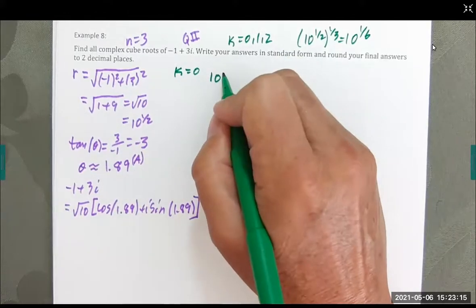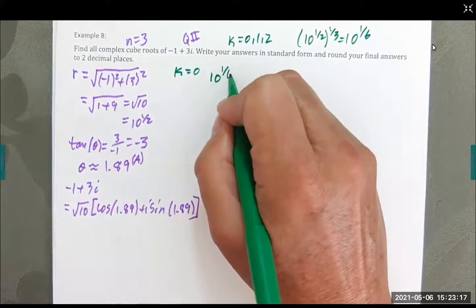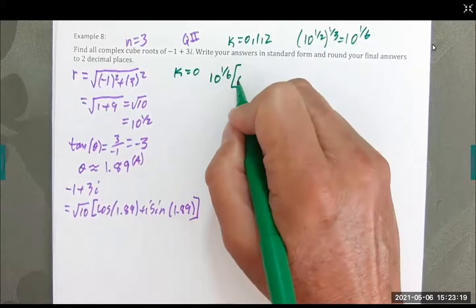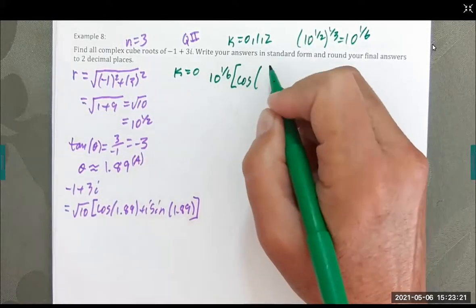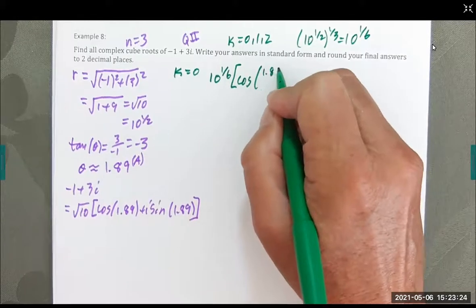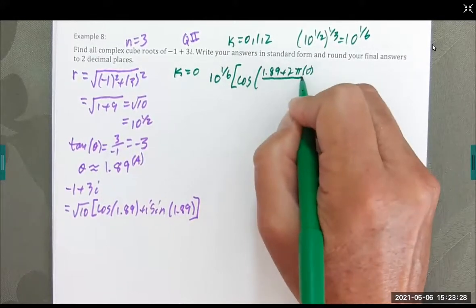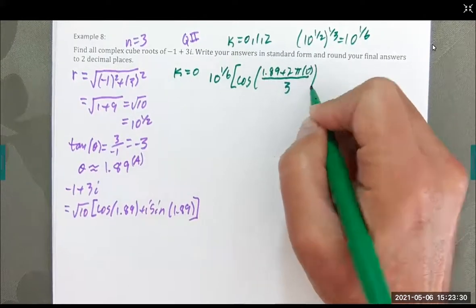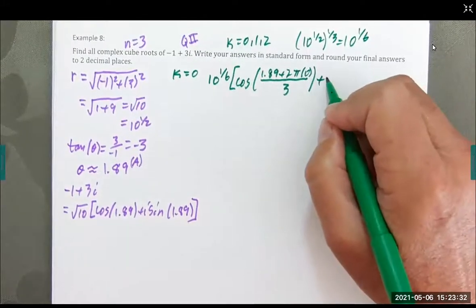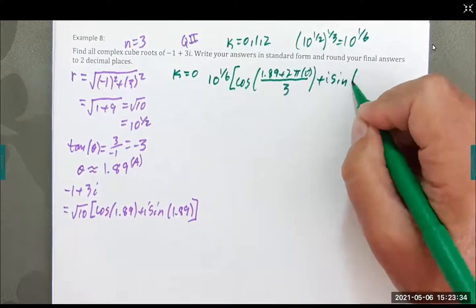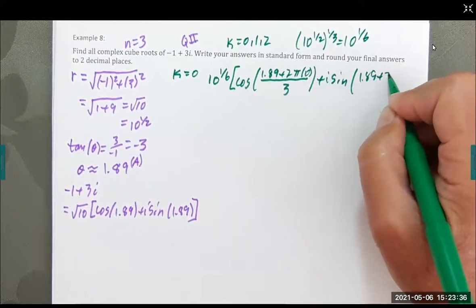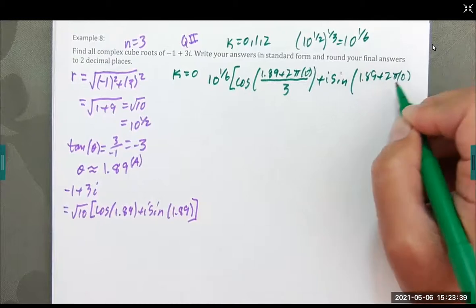This is now cosine of my angle, 1.89 plus 2 pi times 0 over now 3.